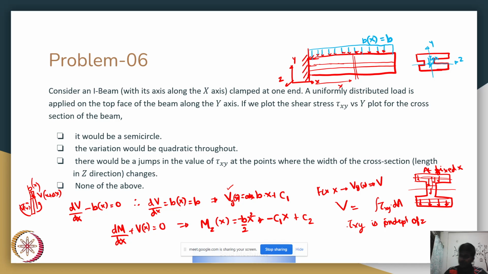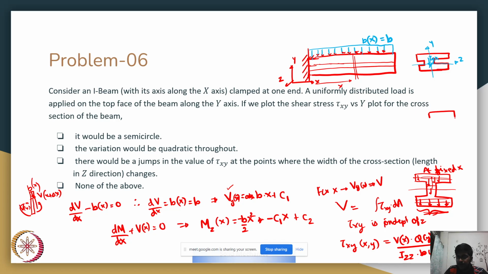And once you go through the whole integration process, your tau xy at a point x comma y turns out to be V Q of y upon Izz into, okay, I need to differentiate, I'll write this as w of y. So Wz of y refers to this width.